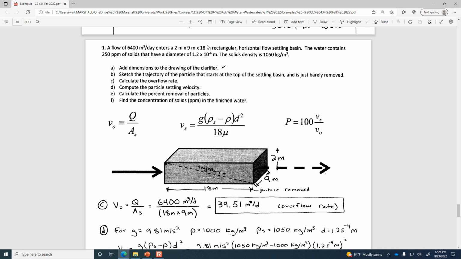And so what you could do, if you wanted to think in terms of the real world, is do an analysis of what kind of particles you are trying to settle. Because there's going to be some sort of distribution. I don't know if it would be a bell curve, but they're not all going to be the same diameter.